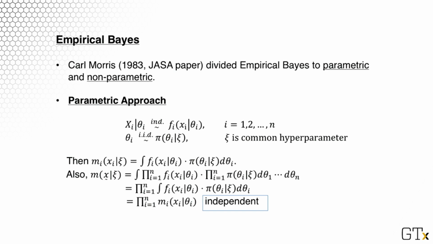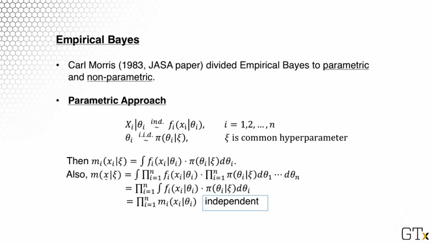Now the question is, what happens with the marginal? Assume that the common hyperparameter that indexes the priors is common and unknown for a moment. The marginal is, by definition, the integral of the likelihood times the prior. If you think about the marginal for all data, x_1 up to x_n, which I denote as x tilde, that one is the integral of the product of the likelihoods times the product of the priors, and the differential is d theta_1, d theta_2, up to d theta_n.